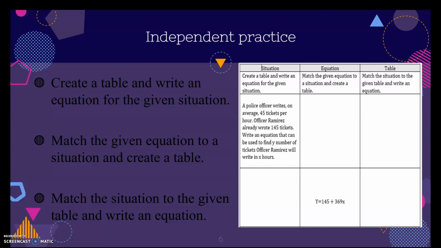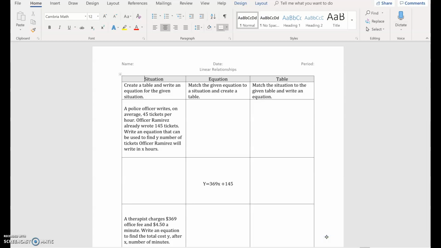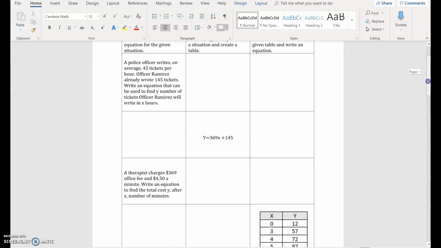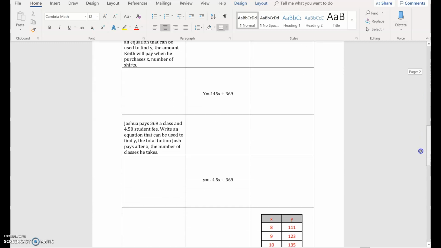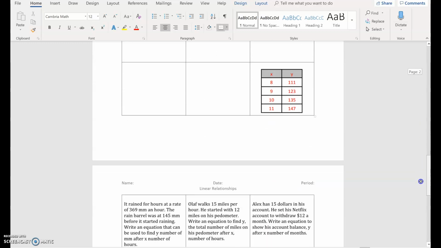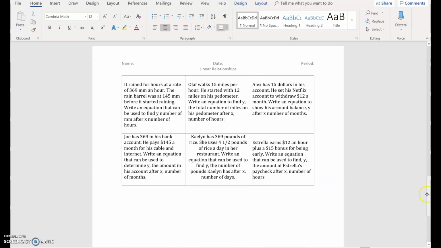Okay, so here you have the document. And with our document on the first page, front and back, we have these different spaces. And then the last page, you're going to cut those scenarios out and you're going to use them up top.